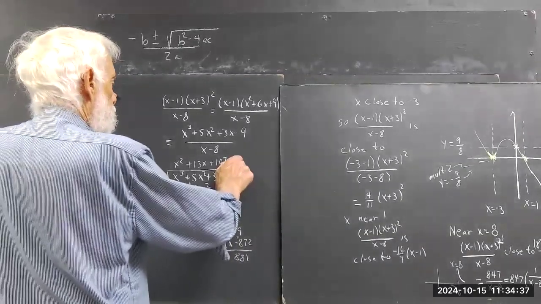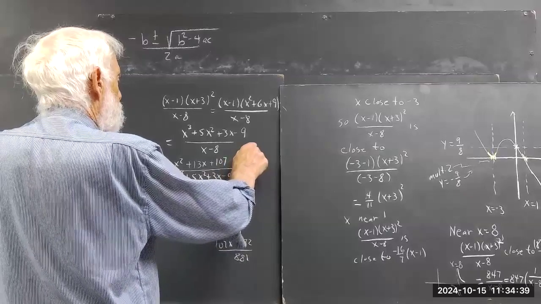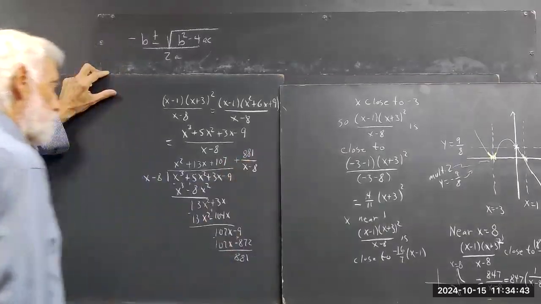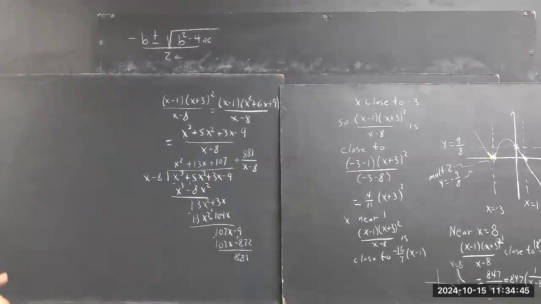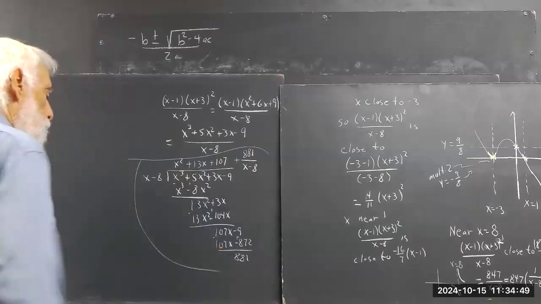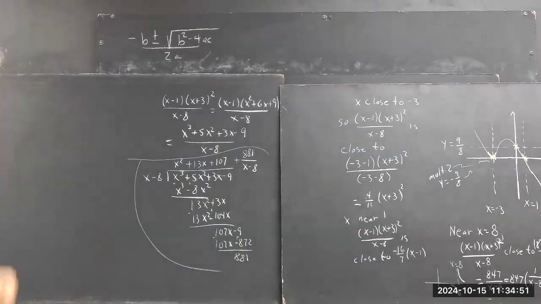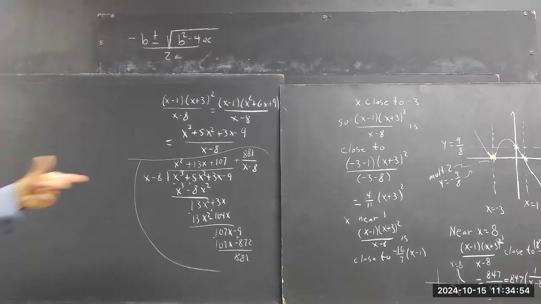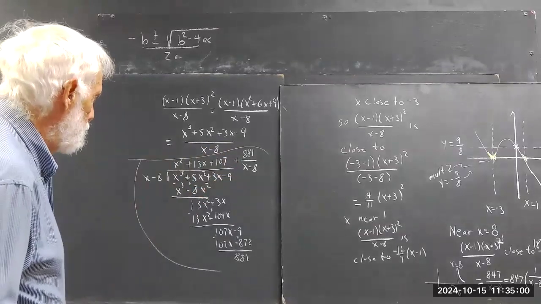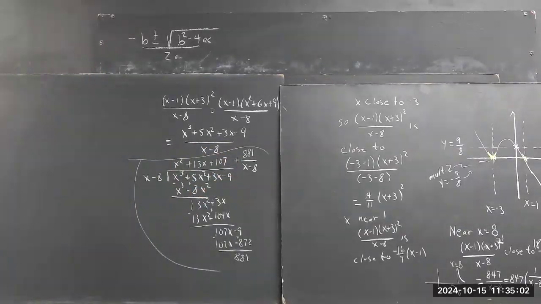Well, then you could write that as plus 881 over x minus 8. So that's long division, which I assume everybody either knows or can get confident with. My point is not so much all this stuff, although it's important and I'll mention it.